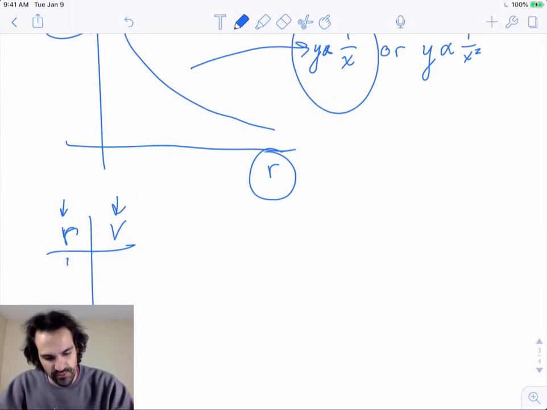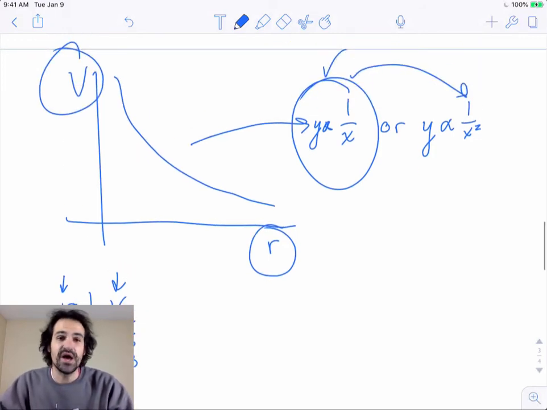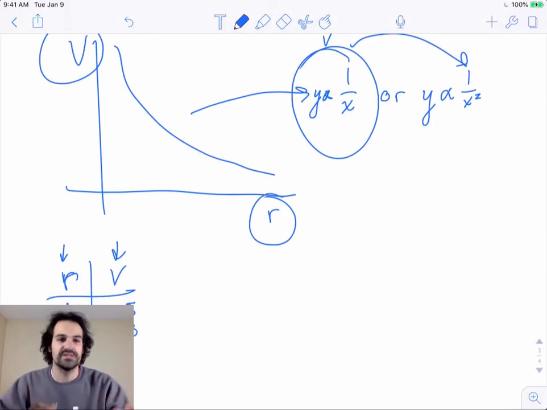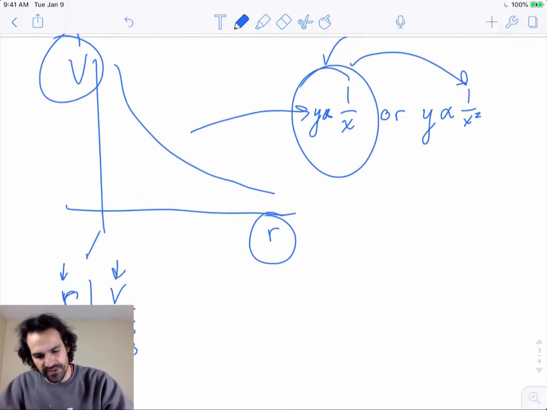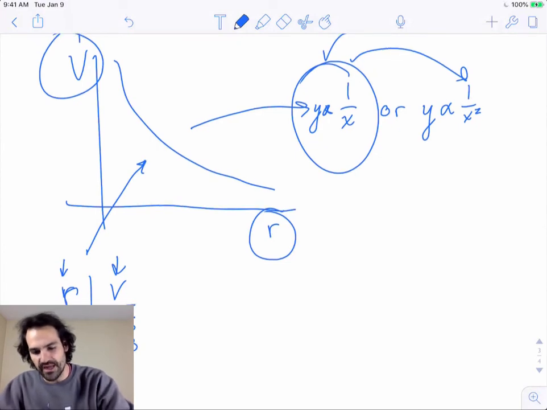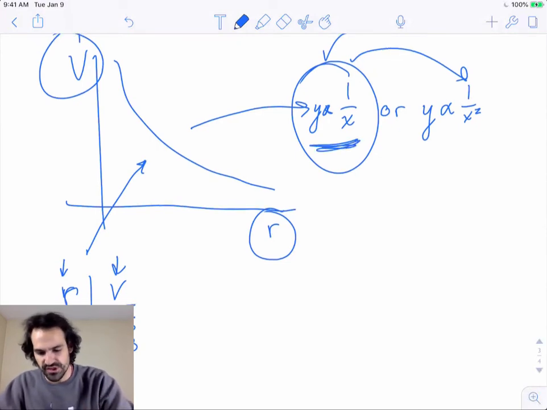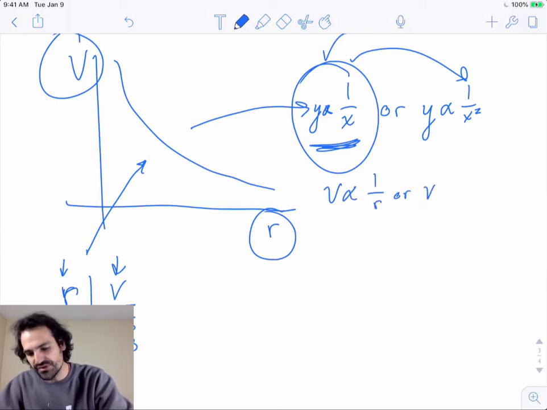So let's say our radii were 1, 2, 3, and 4, and our voltages were 125, 160, and 10. I don't know. It's not perfect the way I did that, but you get the idea. And when we plot that data, it gave us this inverse proportionality where we don't know if voltage is inversely proportional to radius or if voltage is inversely proportional to radius squared.